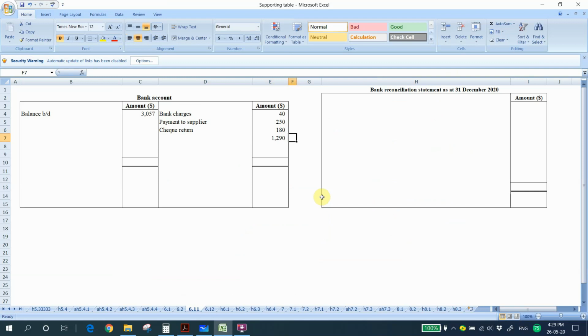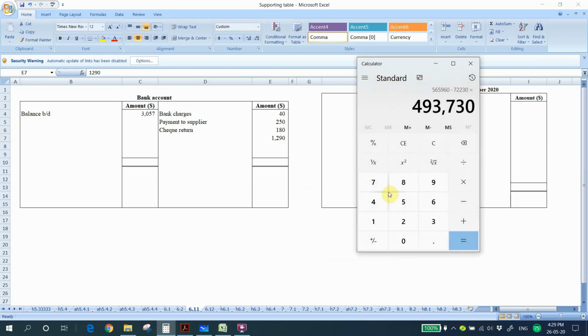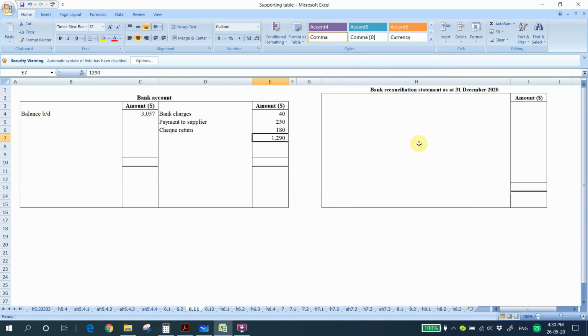So how to rectify this problem? In order to rectify this problem, we can use this method. We use 1920 minus 1290 to get 630. So what we need to do is add another 630 here to rectify the error.